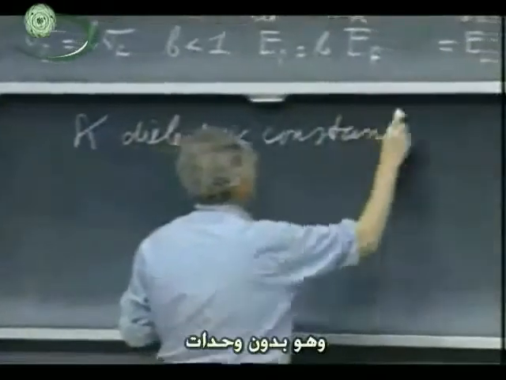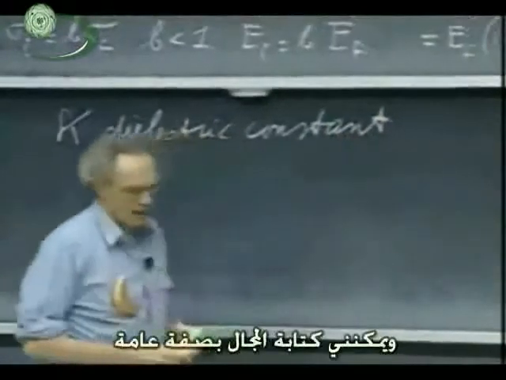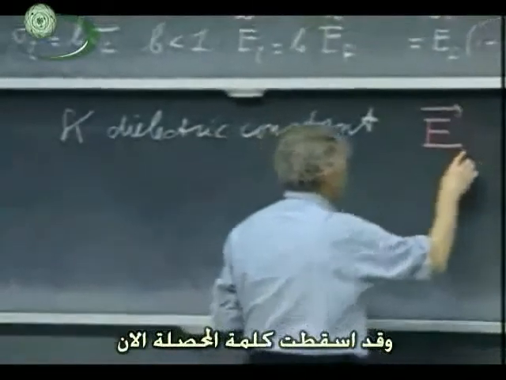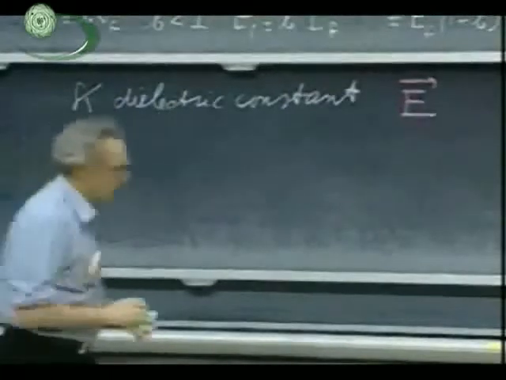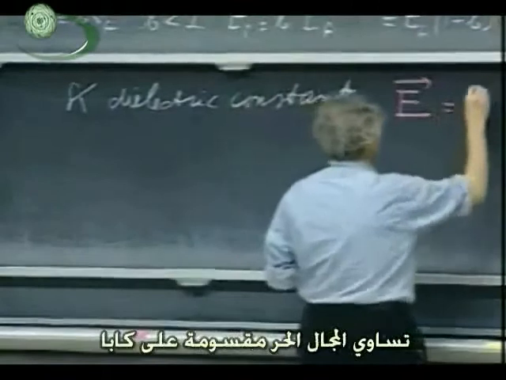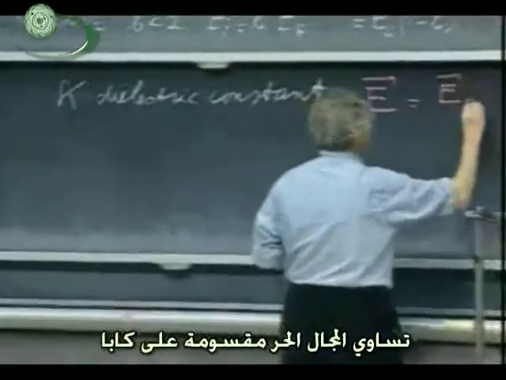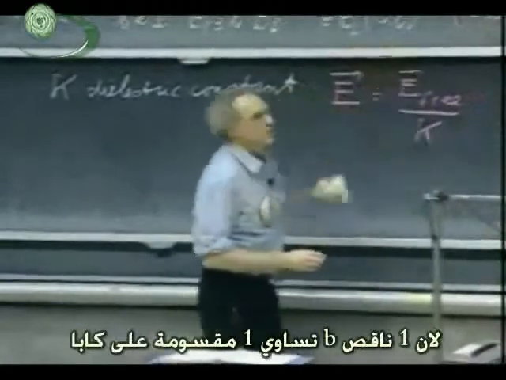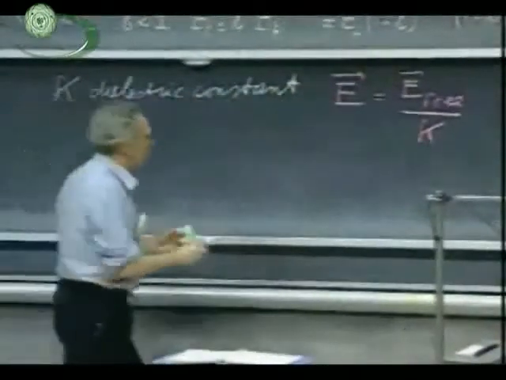It's a dimensionless number. And so I can write down now, in general, that E, and I drop the word net now, from now on, whenever I write E, throughout this lecture, it's always the net electric field. It takes both into account. So you can write down now that E equals the free electric field divided by kappa, because 1 minus B is 1 over kappa.